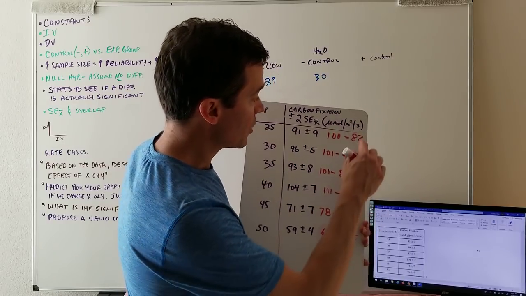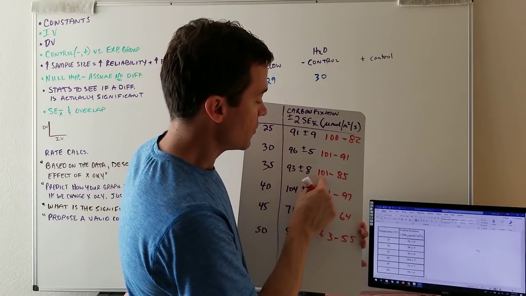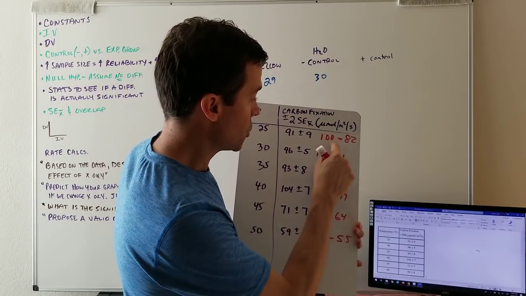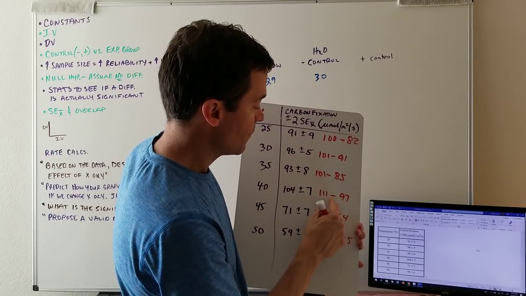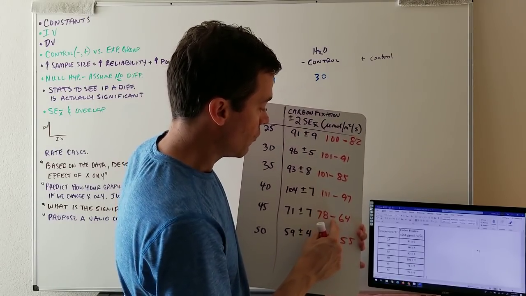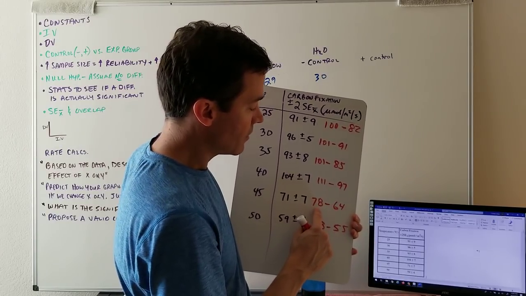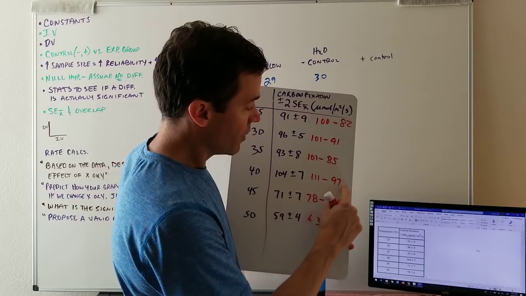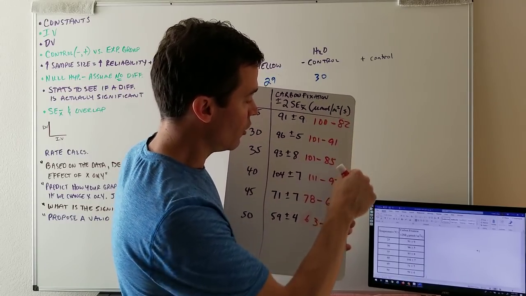So for example, if I was comparing these two, this guy goes as low as 82, this guy goes as high as 101. So their ranges overlap. Now, when I start getting down to this guy, the peak of his range is 78. That is lower than their low end. So these four guys all overlap with each other.